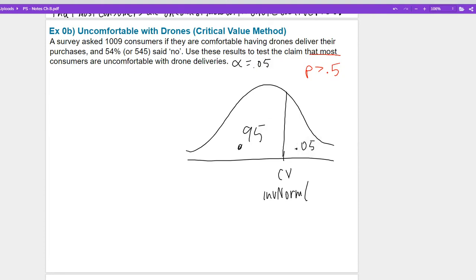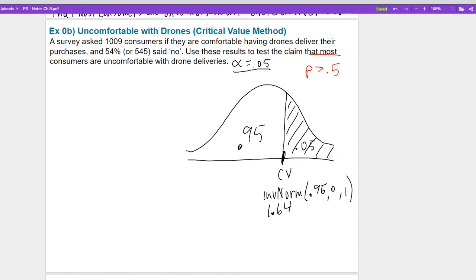We would say we want to find this critical value. We know the area to the left is 0.95, that's 0, that's 1. We've done this all before. To get that critical value was 1.64. That critical value right there is 1.64. So we chose alpha to be 0.05. That was this area right here. So we can use our inverse normal to find that critical value.